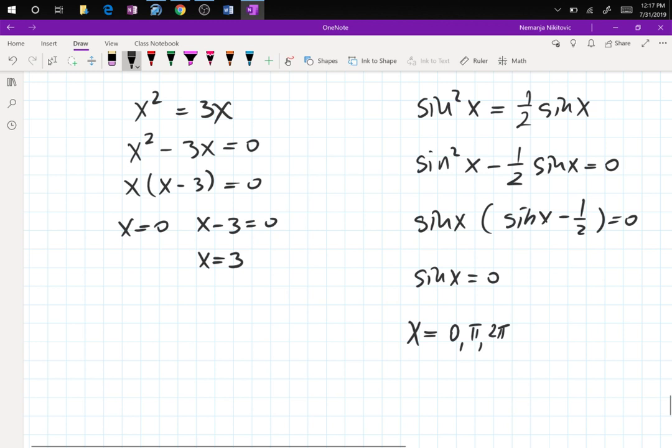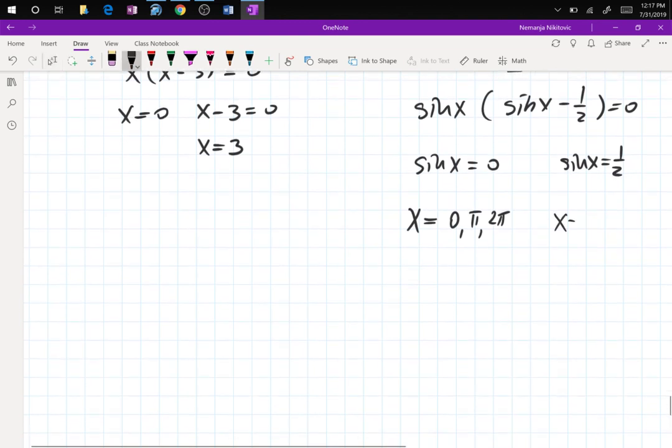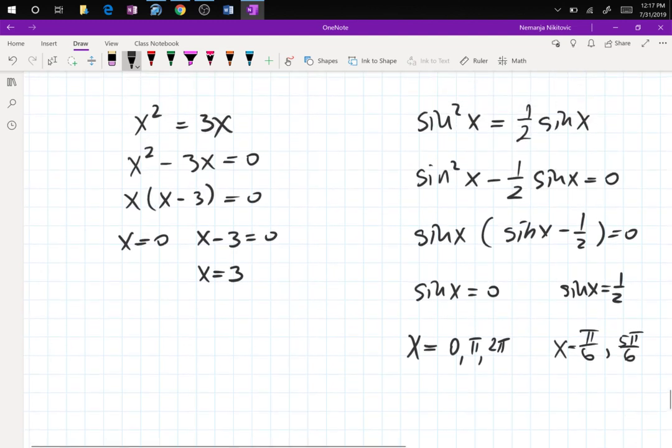And the solutions that you would be able to get are sine x equals 1/2, which would produce x equals pi over 6 and 5 pi over 6, because sine is positive in the first two quadrants. So you would produce 2 out of 5 solutions on 0 to 2 pi if you cancel the sine on both sides.